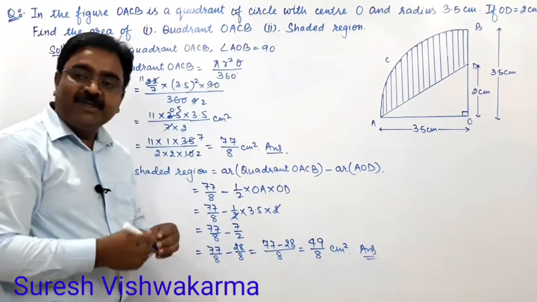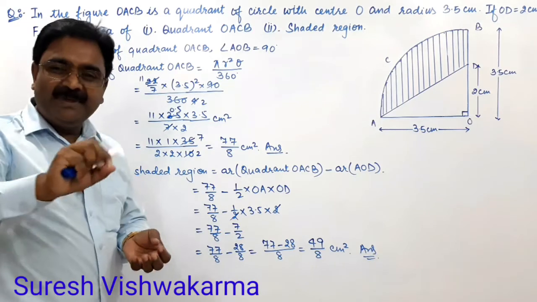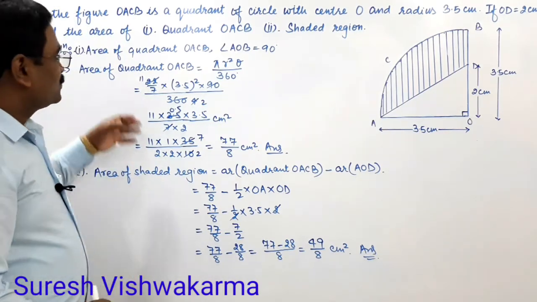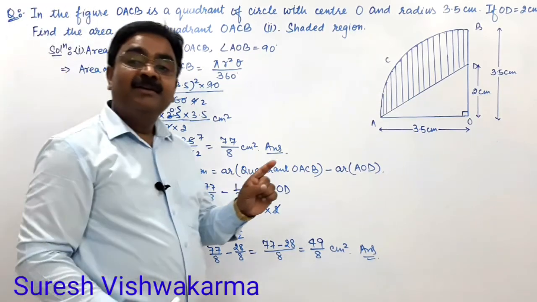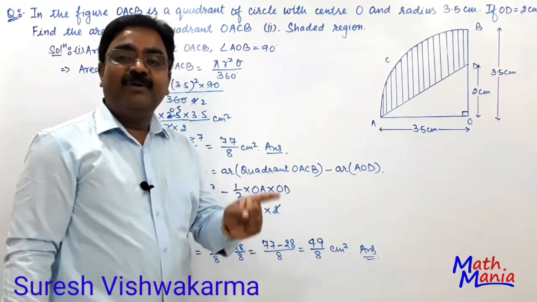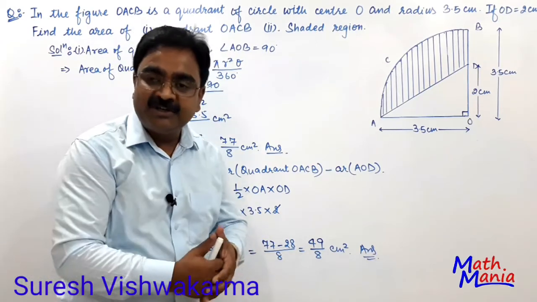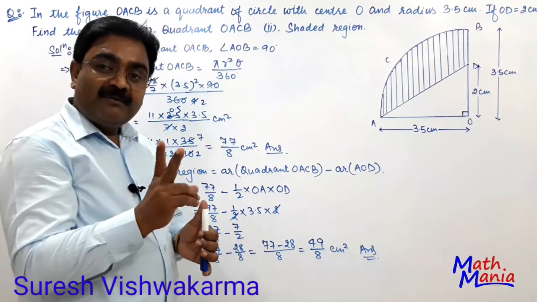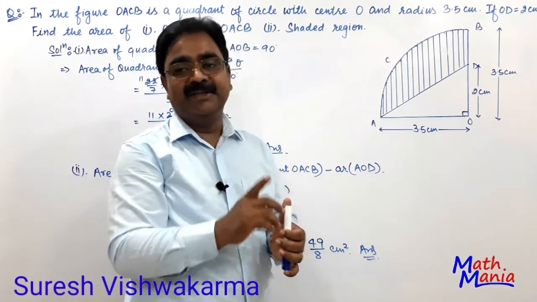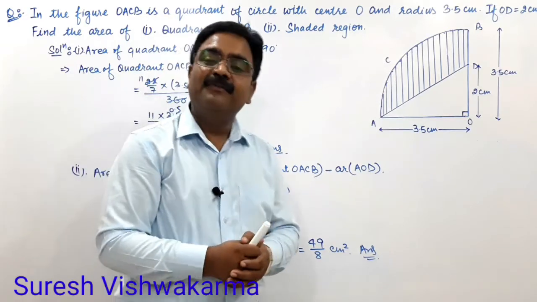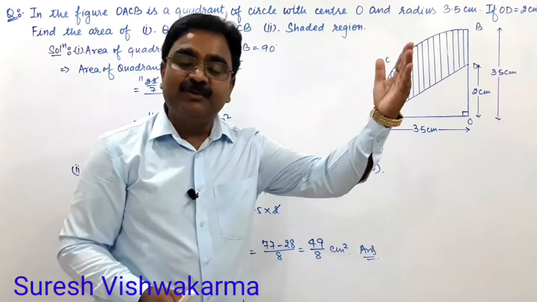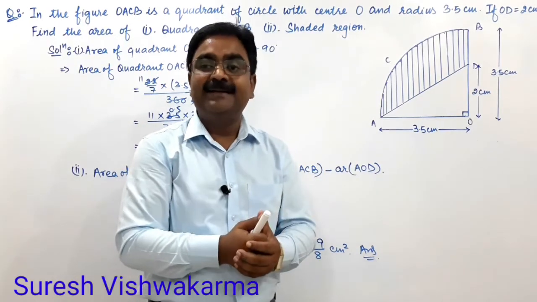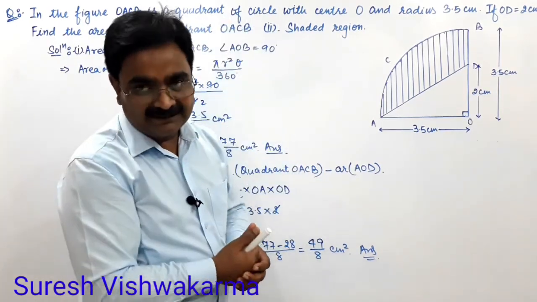Right friends? So in this you have to be a little bit careful, and then you can get your answer easily. The word quadrant comes in coordinate geometry and also here in the circle, but in both places it has the same meaning. Quadrant means a 1/4 part of a circle, and in coordinate geometry, a quadrant also means the 1/4 part of that two-dimensional figure, right?